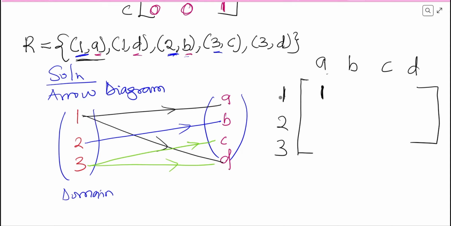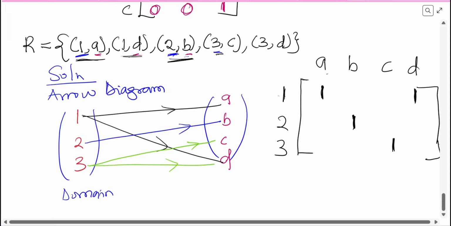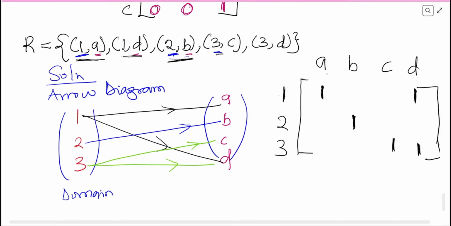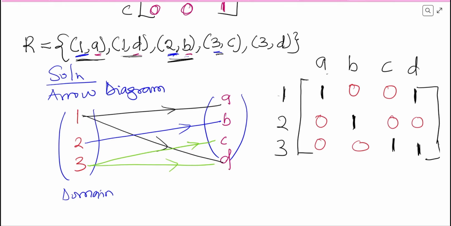And I also have 1 relating to D. So 1 and D. I have 2 relating to B. So 2 and B. And 3 and C. And I also have 3 and D. Now the remaining spots become 0. So this is the matrix representation for your relation.